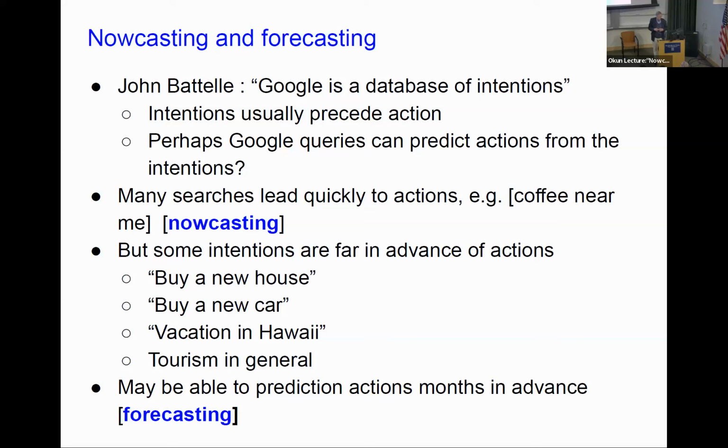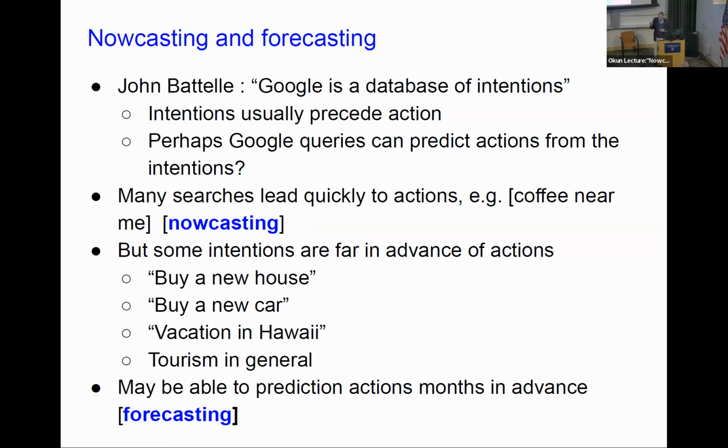Okay, so the idea is that it's not so surprising. You can see actions related to queries with the intermediary being the appearance on Google. So lots of searches lead to very recent or about to occur actions. So where do I get some coffee, or where's coffee near me?